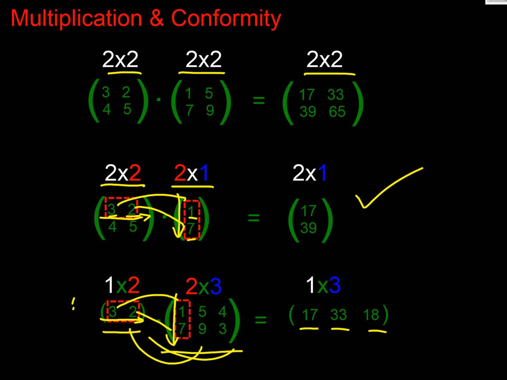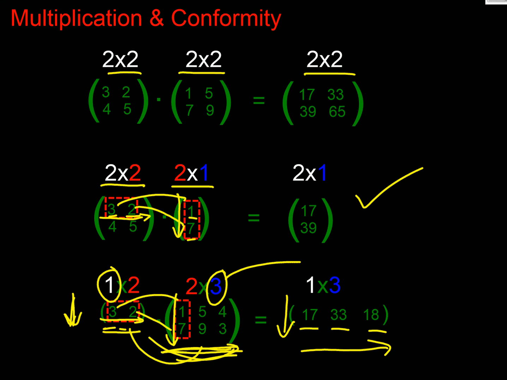So let's have a look at where that comes from. Well, the 1 row comes from this left-hand matrix vector, because it's only got 1 row in it, and our answer's got 1 row in it. And where did the 3 columns in our answer come from? Well, they come from the fact that I've got 3 columns in the second matrix. So that 3 comes across, gives us that 3 there, and this 1 gives us that 1 there. What we do need, so this 2 disappears in the operation, but they must be the same for us to be able to do the operation.